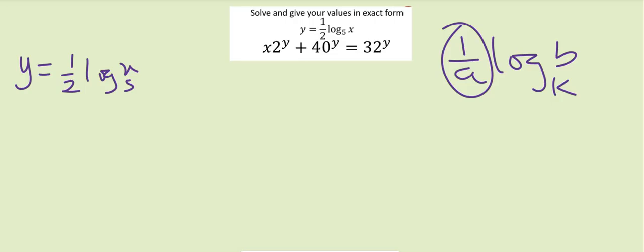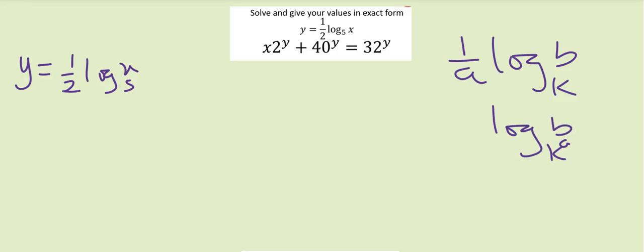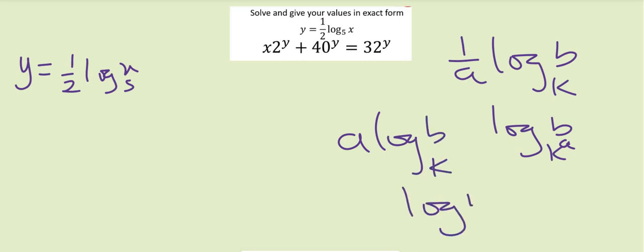It's going to be the power of the base. And how will it be the power? It's going to be the reciprocal of this. So which is log b base k to the power of a. That's it. Or in case you have a log b base k, this also is log b base k to the power of 1 over a. That's what I'm going to use.